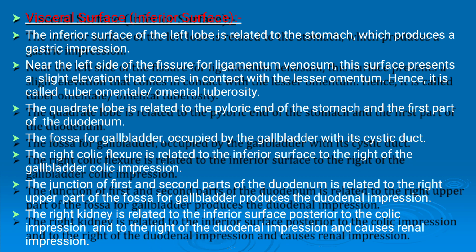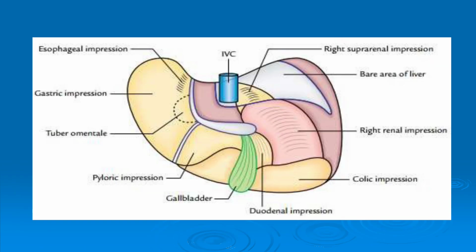Now we want to move. We can see in this diagram. This is very easy to represent everything, like when we want to discuss about esophageal impression, we can see where it's located, and this area is called the gastric impression.